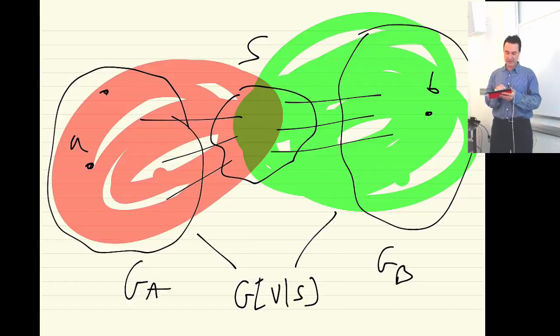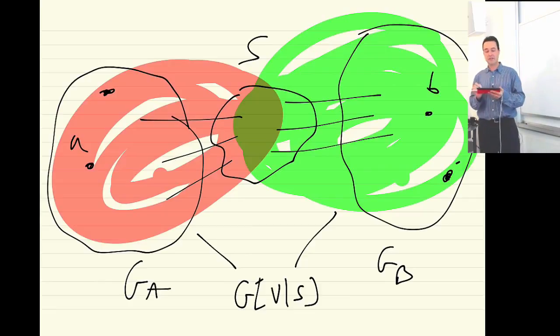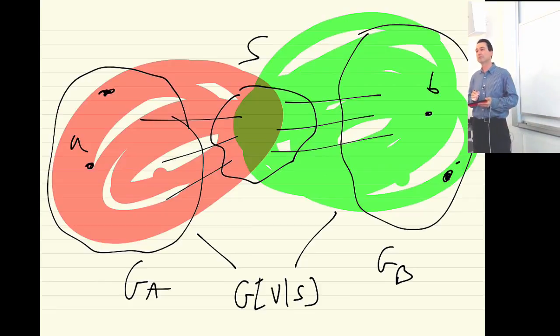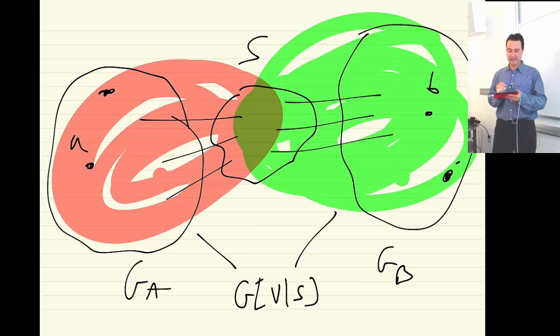Because let's say this node over here, that's part of a big clique that's connected to all of the stuff in G_A and S, and so that's a simplicial node. But it's also the case that any node over here is also simplicial, and any node over here and any node over here are not adjacent. Okay, so that base case pans out. It means that any of these nodes over in G_A and any of these nodes in G_B are simplicial. So we do have two simplicial nodes in this triangulated graph.